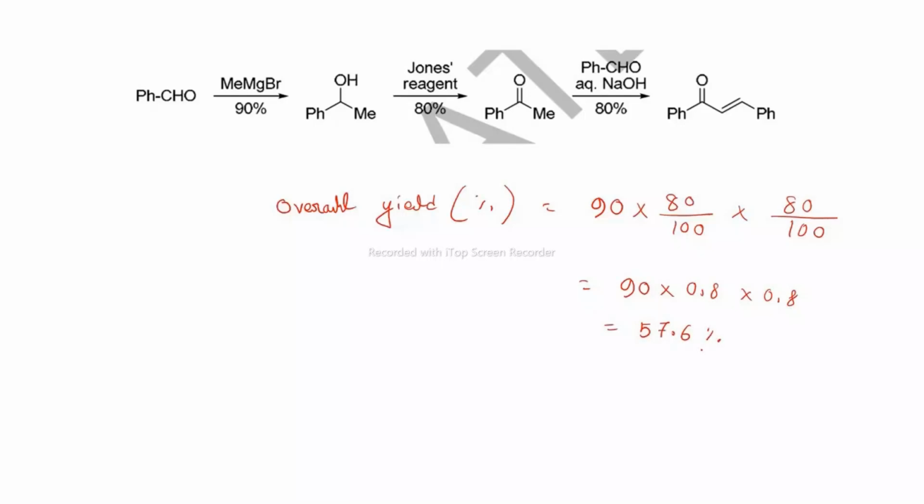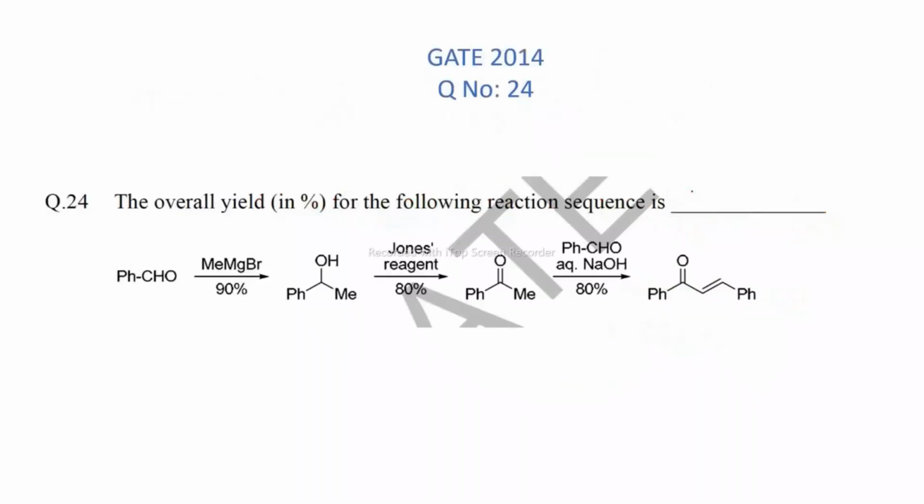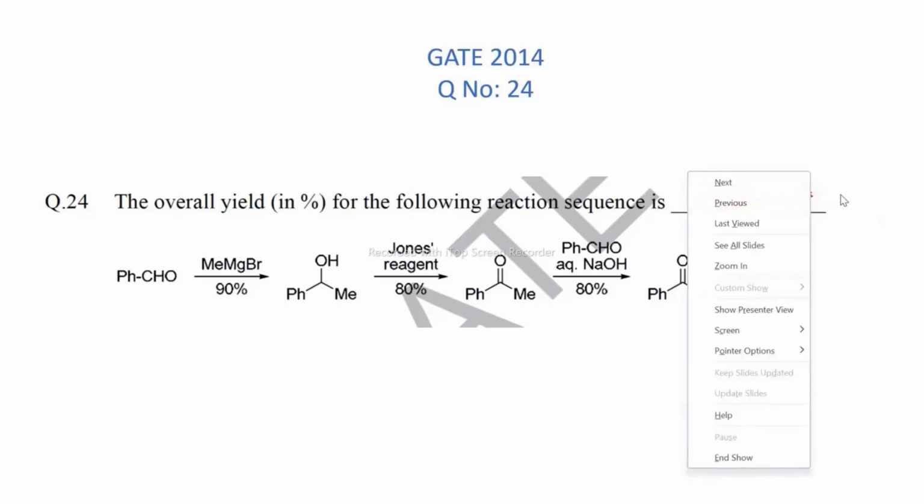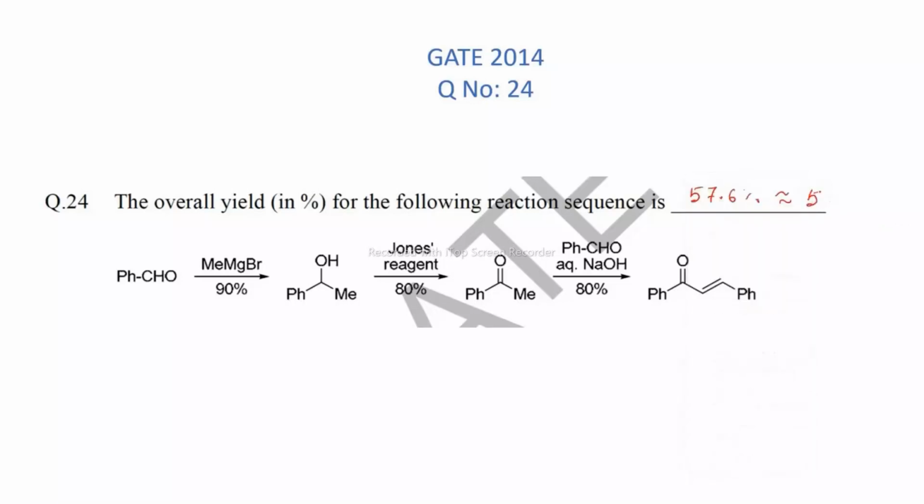So the overall yield will be 57.6%, but actually in real life it cannot be a fraction, so you round it to the nearest integer, which will be 58. But in the exam you can write 57.6%.